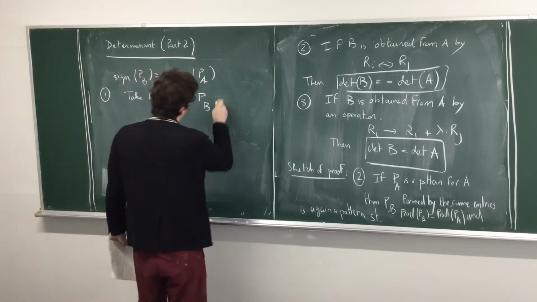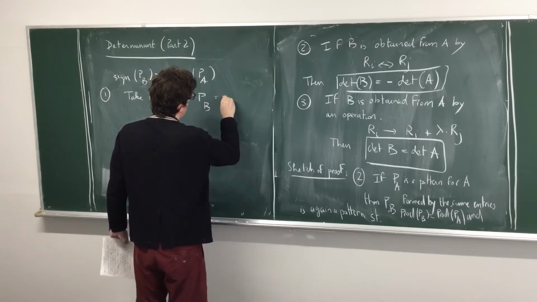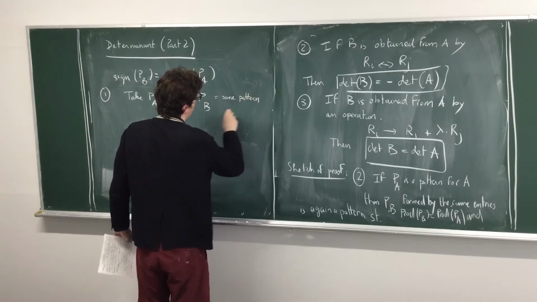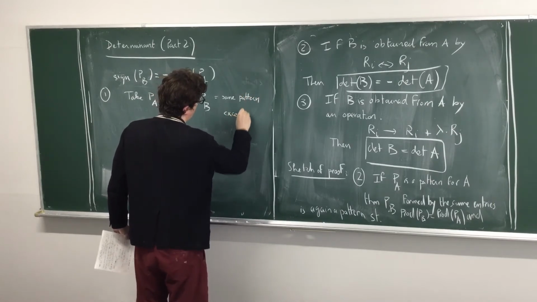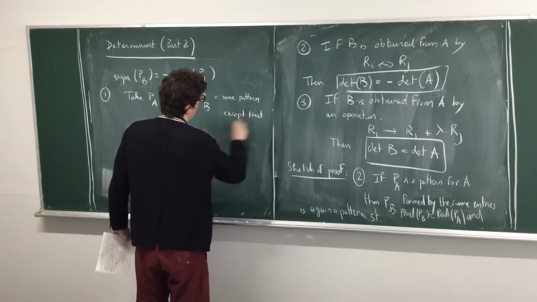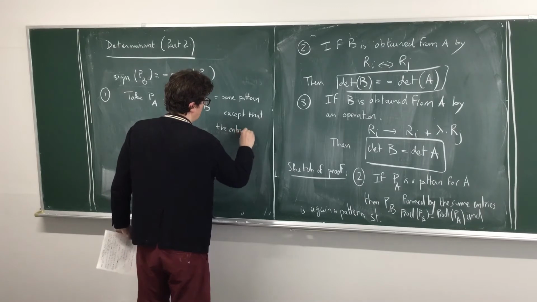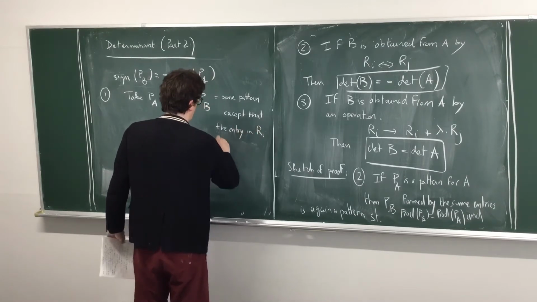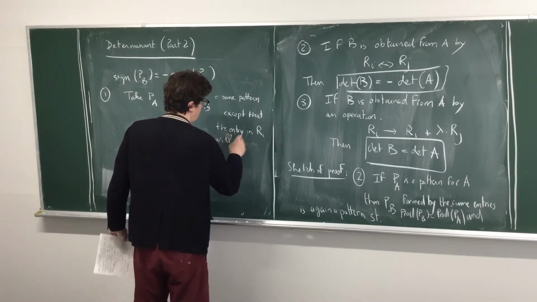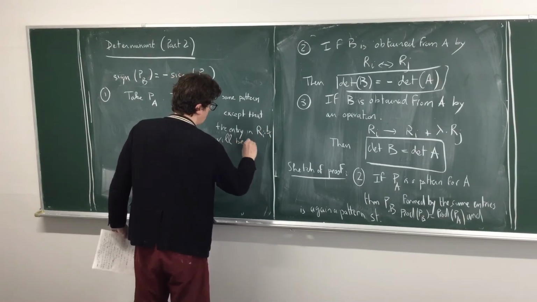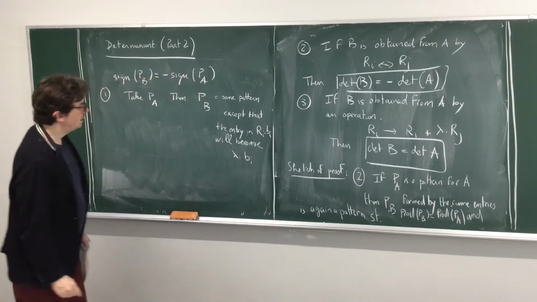It will be the same pattern, except that the entry in row I, so let's say BI, will become lambda times BI.